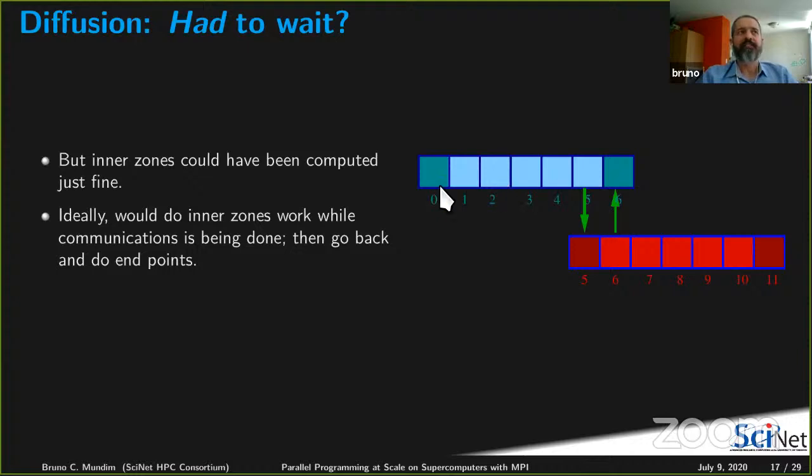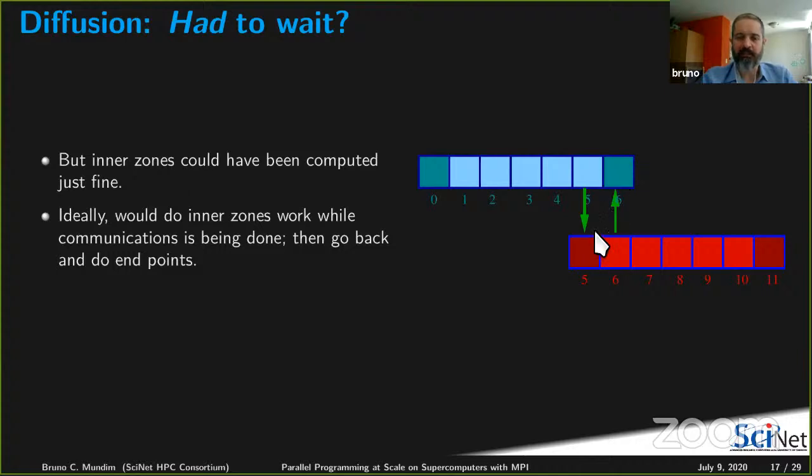But did the computation really need to wait? And my claim is no, you don't need to wait. Basically, you just initiate the communication here, and then go back and do the computation between 2 and 4. You can do the loop here because this is not going to depend on the data at 6, right? But you need to be careful because you need to finish before 5, because 5 will need the data at 6.